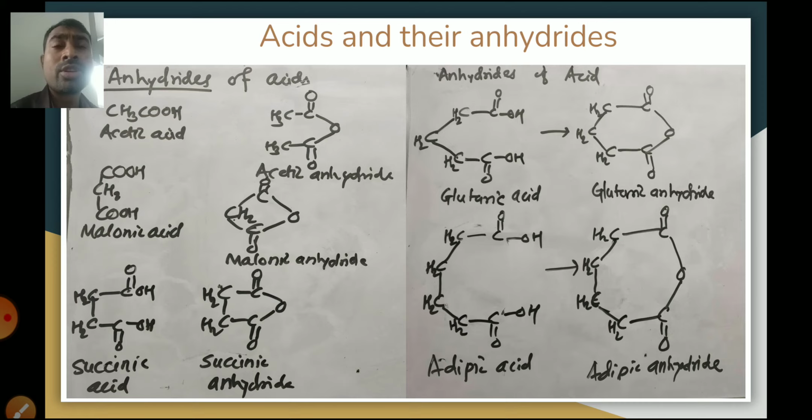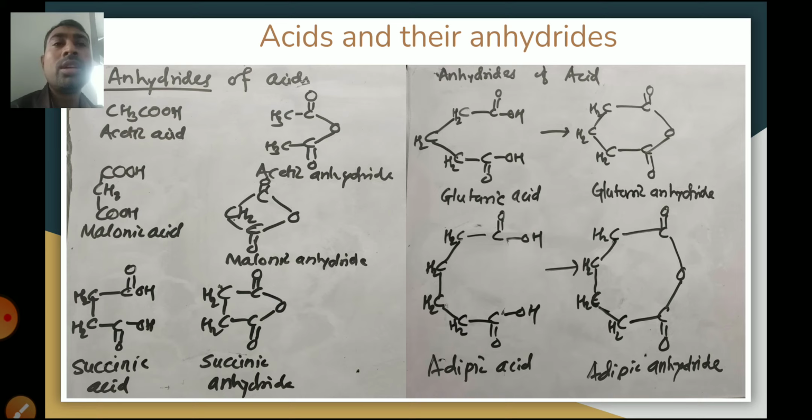Now, anhydrides of the acids are of different types. First, we generally utilize acetic acid among the monocarboxylic acids, which is converted into acetic anhydride. Two molecules undergo a dehydration reaction, and H2O is removed between the two acetic acid molecules, and it is converted into such a molecule, which is nothing but acetic anhydride.